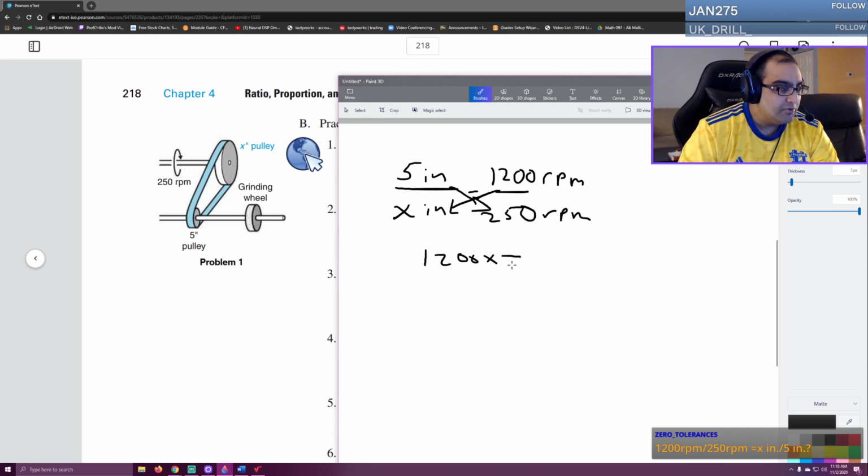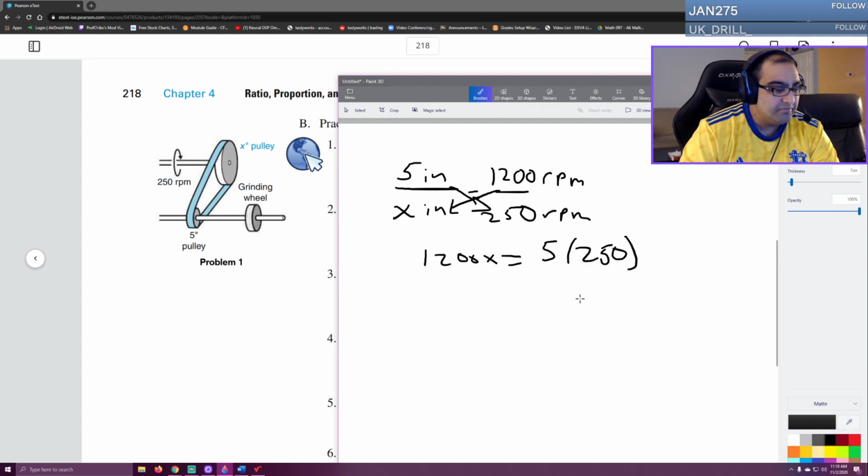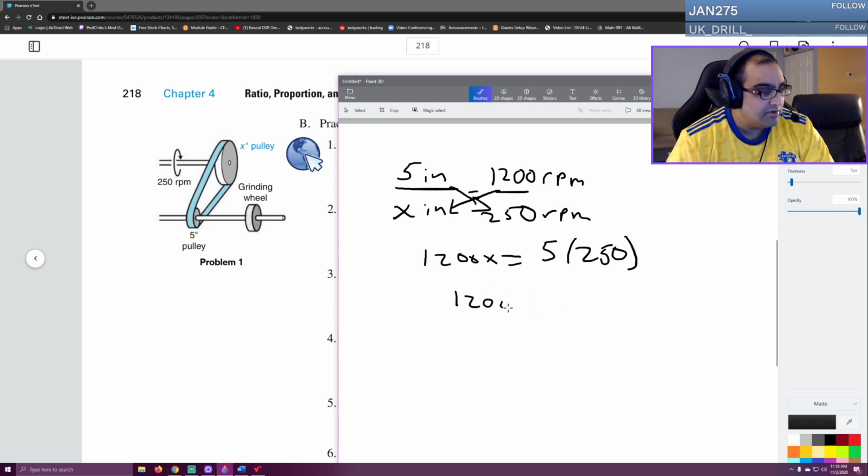So 1200x equals 5 times 250. All right, so we got 1200x equals 1250. So we divide by the 1200 here on both sides.